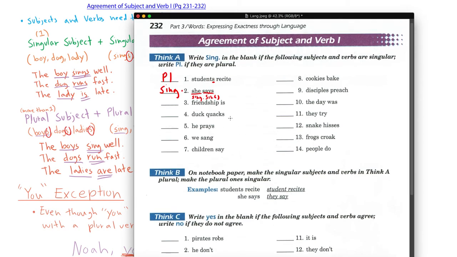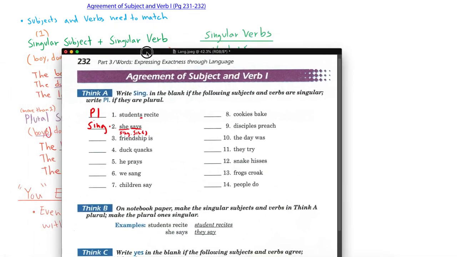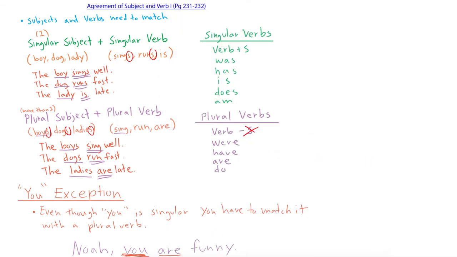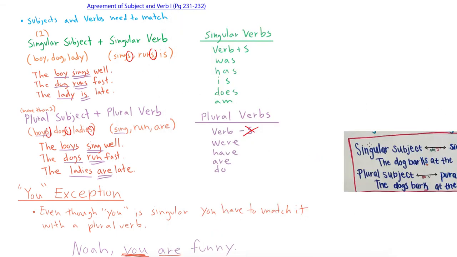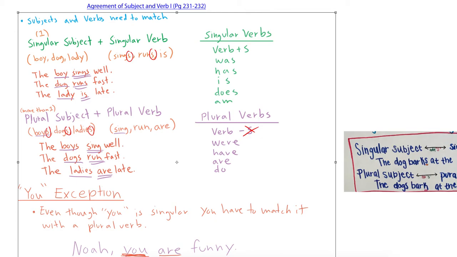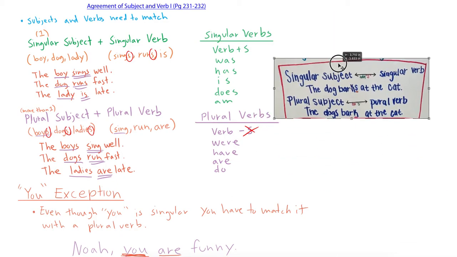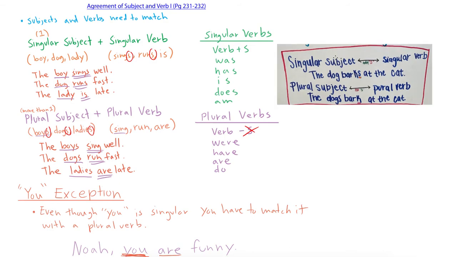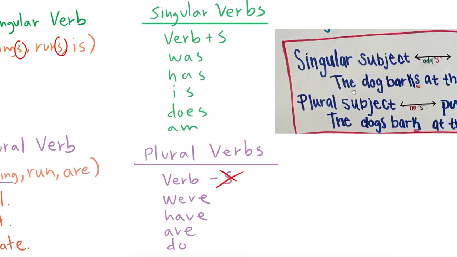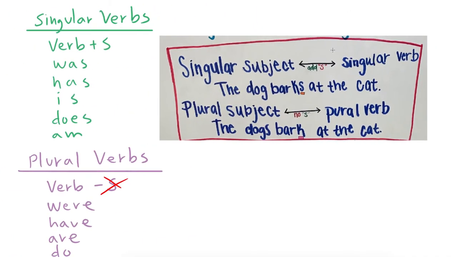I forgot to show you guys something on this page here. I found an anchor chart. An anchor chart is kind of like a poster, like those posters that I made in the classroom. I found a poster online to help you with matching singular subjects to singular verbs. The important thing is, add s. If you're matching a singular subject with a singular verb, you need to add an s to the verb.